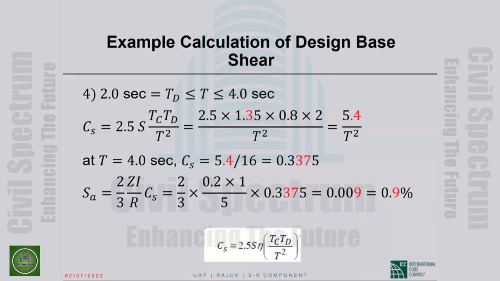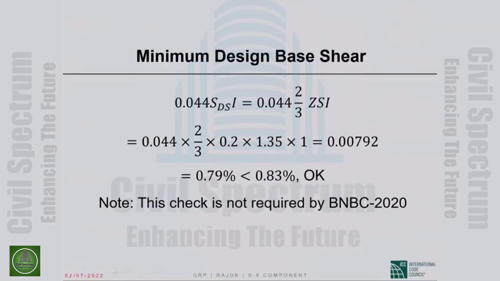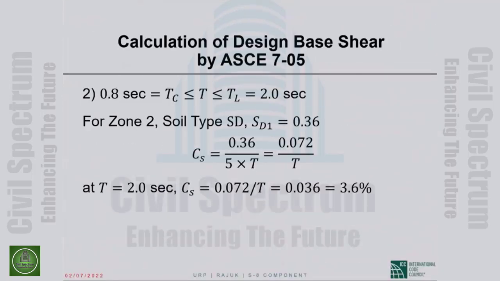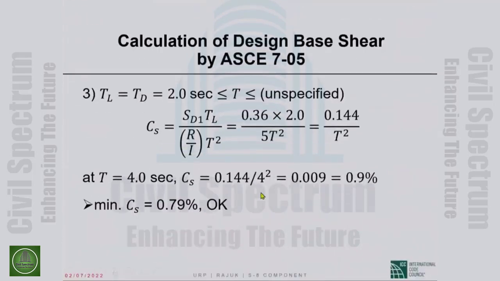It was 0.83% when I had the wrong number of 1.25 for S. And now, with the correction made, there is no difference between the BNBC number and the ASCE 7 number.